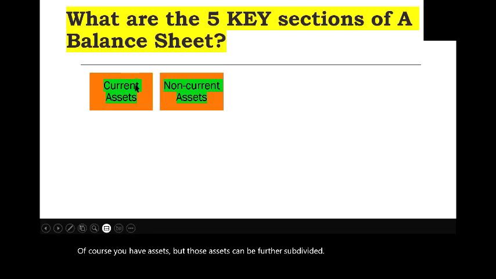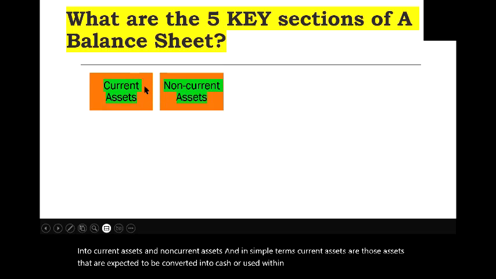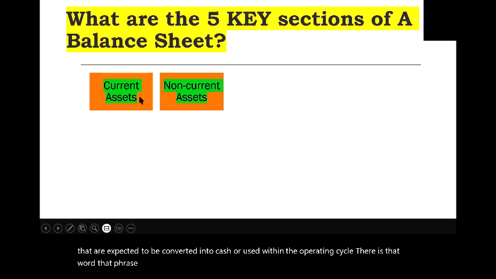In simple terms, current assets are those assets that are expected to be converted into cash or used within the operating cycle. There's that phrase again, operating cycle, or the fiscal period, whichever of those is longer. And so you will classify those items as current assets.